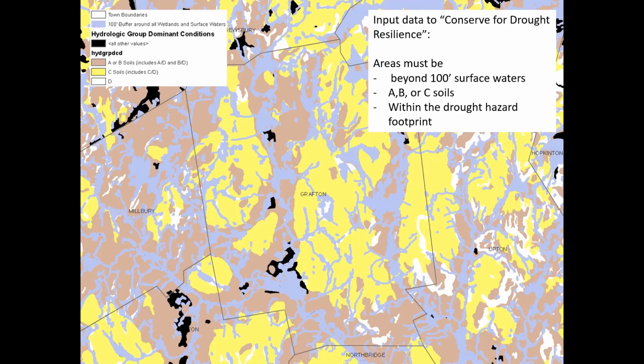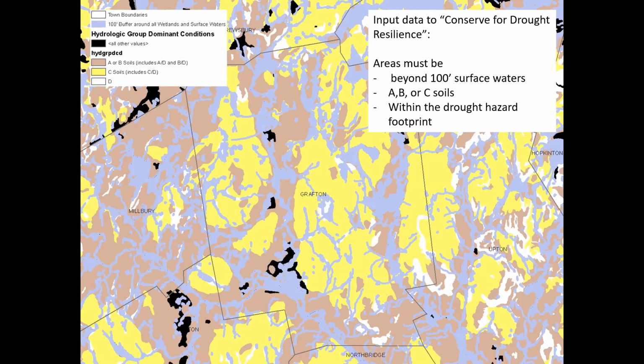They're less well draining, but we understood that those can be really good areas of recharge during a drought because they are sort of the last remaining places that have water to recharge into the groundwater.